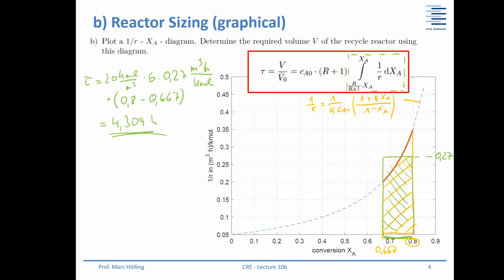Another way of doing this: you can also say, okay, what does it mean here? This r plus 1 is 6, and if we multiply this area here by 6, then it's the same amount of area as this.